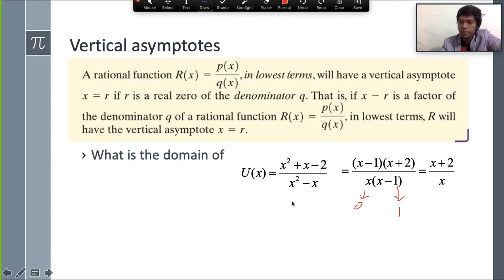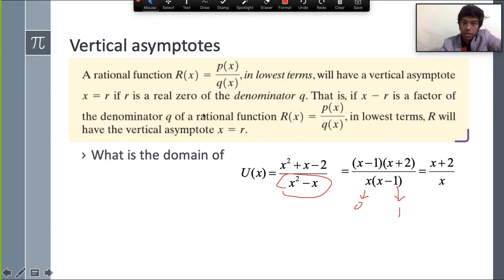That was the domain. Okay, but because domain we find out from the original function, denominator mostly we look at, because denominator gives us the restriction. So we can find out that 0 and 1 is the restriction here.